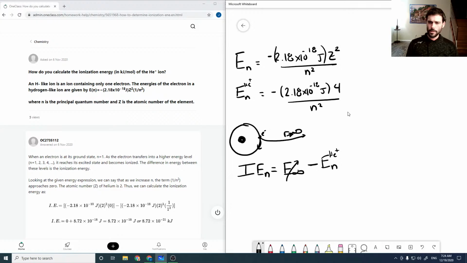We set this energy to 0, which makes sense because if you look, these energies are all negative. And so then it's just minus the energy of the state. So quite simple, the ionization energy is just the negative energy of the state. And so putting in the hydrogen equation, these values come out positive.